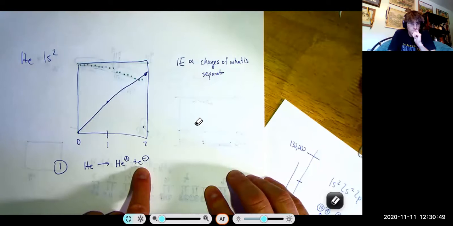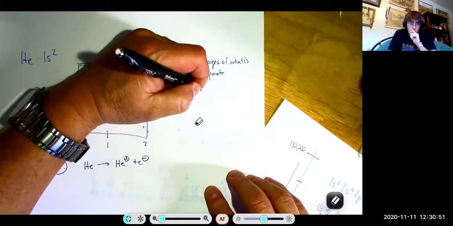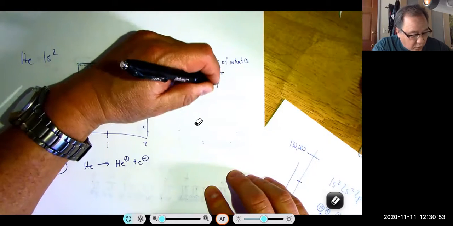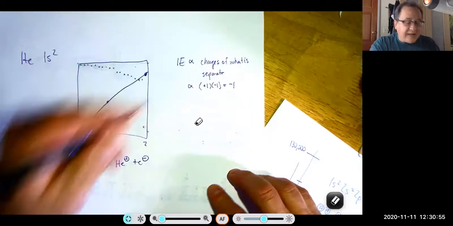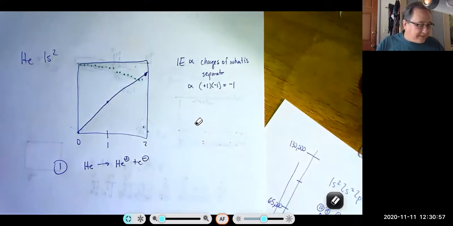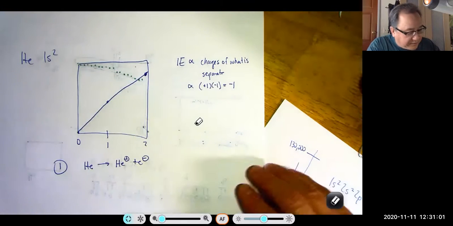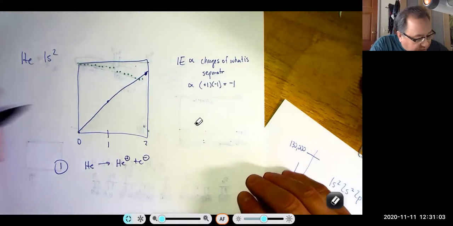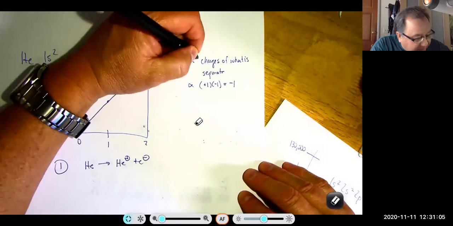Right. So the charge is proportional to +1 and -1, and negative means that this is exothermic, but really we need to look at it as being endothermic.